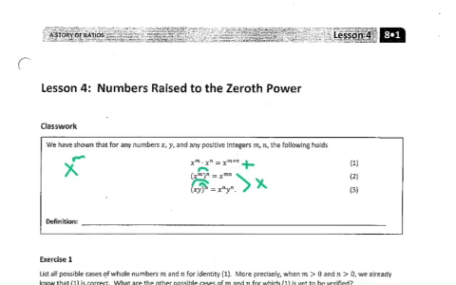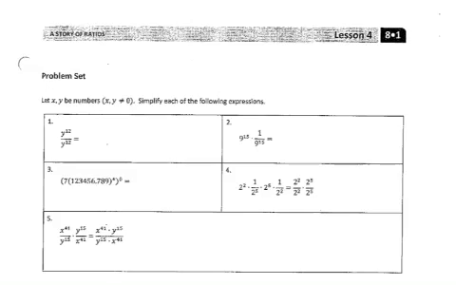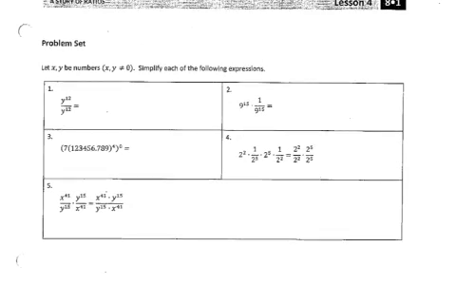So if I have x to the m over x to the n, remember, when we're dividing, we're really just subtracting our exponents. And that's what we've done so far. So this is what your quiz will be on, in addition to negative exponents. But briefly, we're going to talk about exponents to the 0 power.